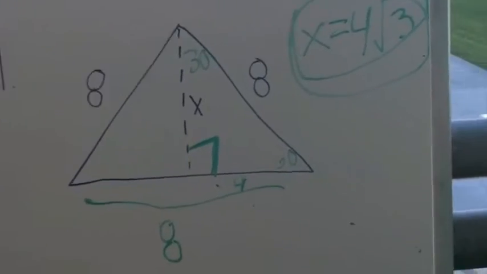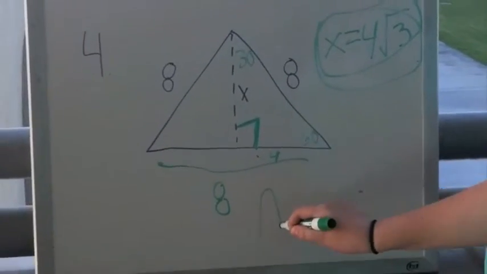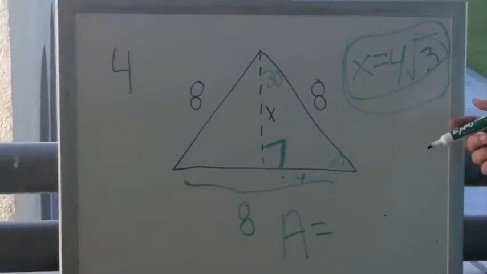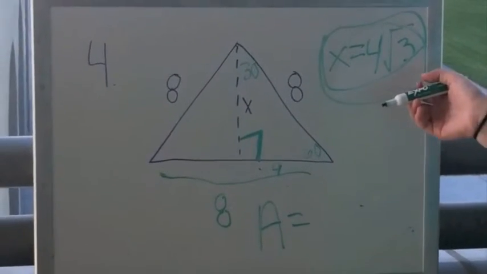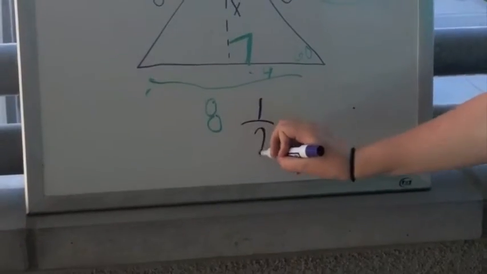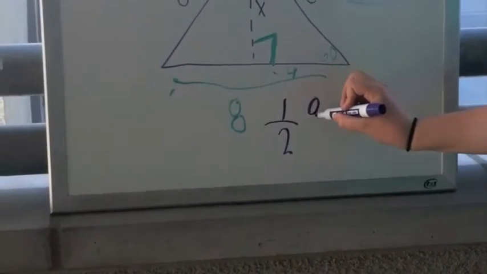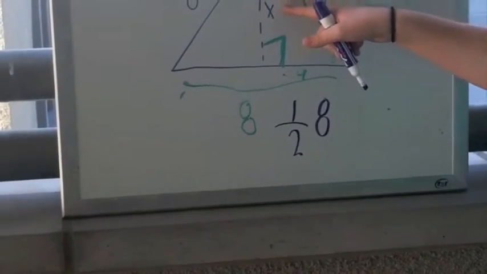Okay, so for extra credit, we're going to find the area. So there's A for area. To find the area of the triangle, it's 1/2 base times height. So the base is 8, and the height is 4 radical 3, because that's what we solved for x.